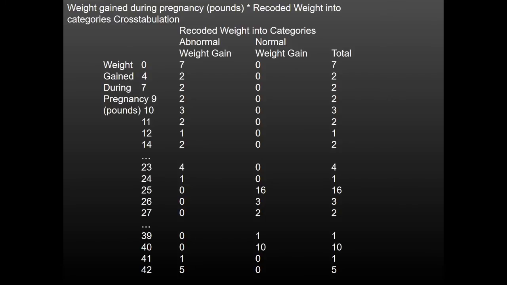That's the column on the left that has the values from our original variable. So 0, 4, 7, 9, 10, and so on are our original values in the weight gain during pregnancy variable. On the top, it says recoded weight into categories, and then we have 2 columns underneath that title, abnormal weight gain and normal weight gain. And then on the very far right is the total number of cases.